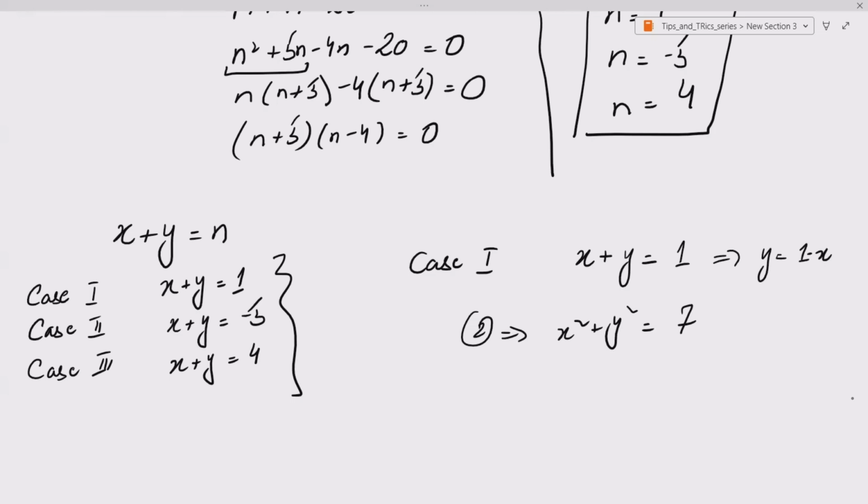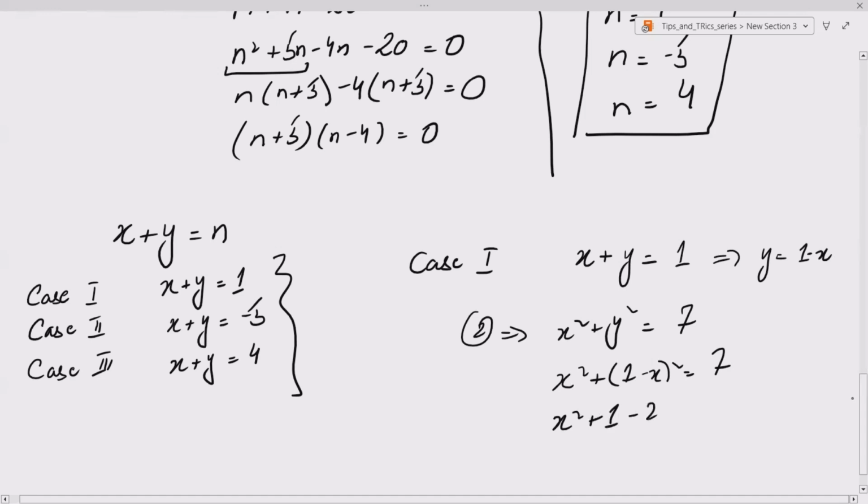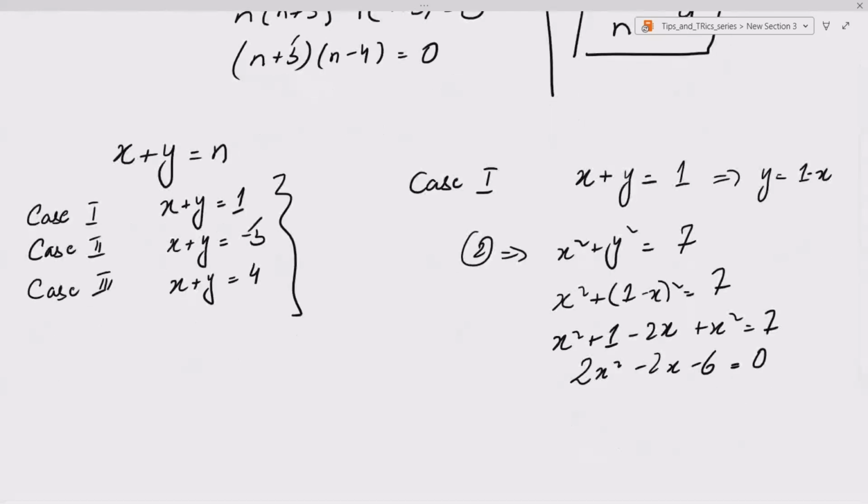So we get x square plus 1 minus x whole square equals 7. That gives x square plus 1 minus 2x plus x square equals 7, so 2x square minus 2x minus 6 equals 0. Taking 2 common and dividing, x square minus x minus 3 equals 0.